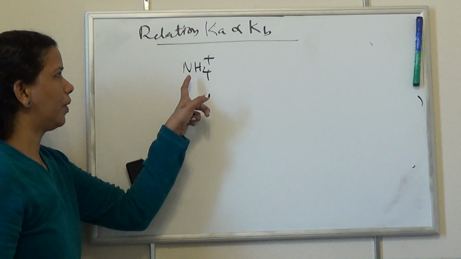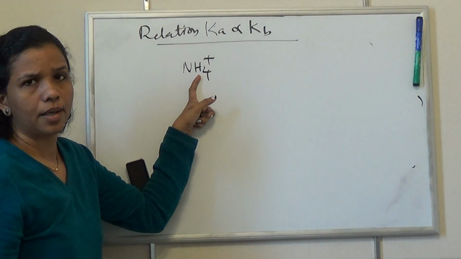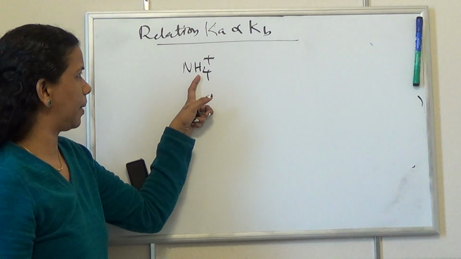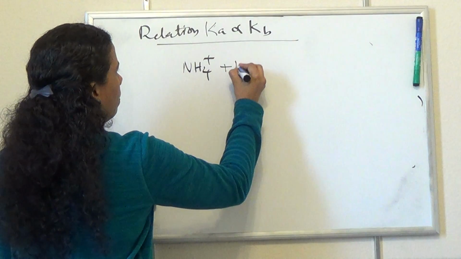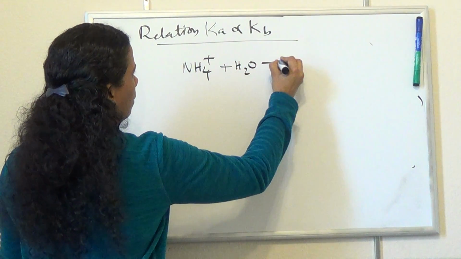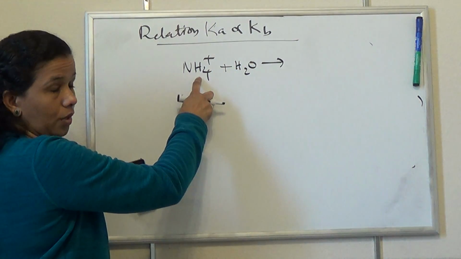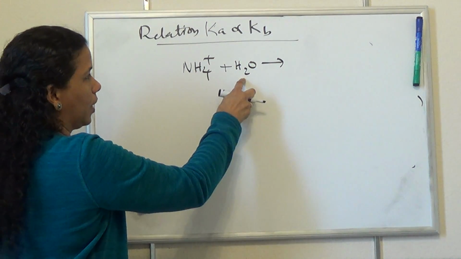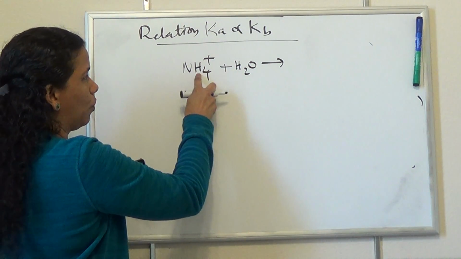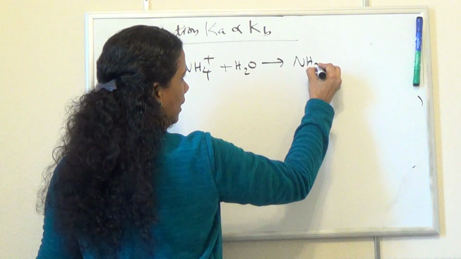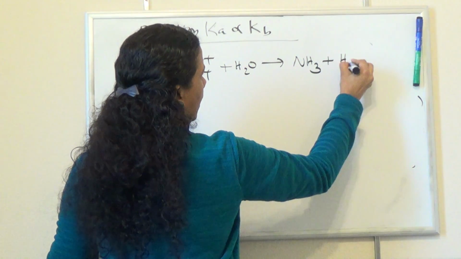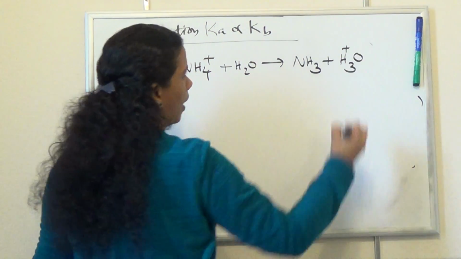We know that it is an acid because it can donate H plus. NH4 plus on dissolving in water will give one H plus to H2O and become NH3, and we'll get a hydronium ion.